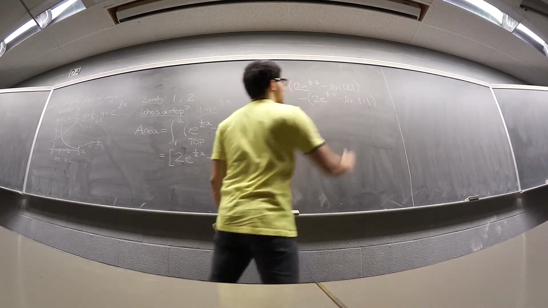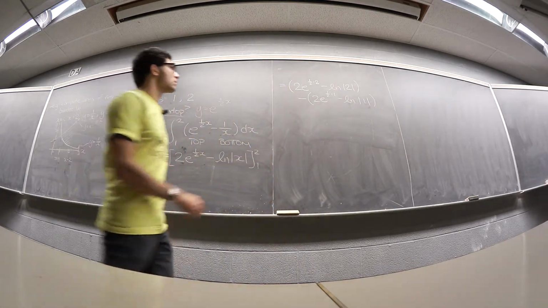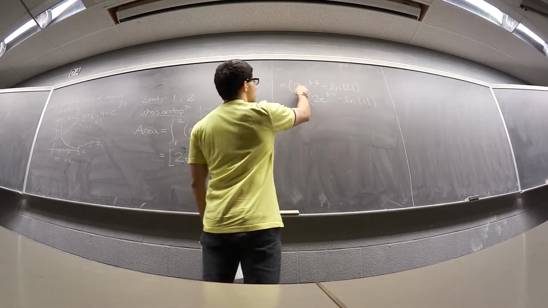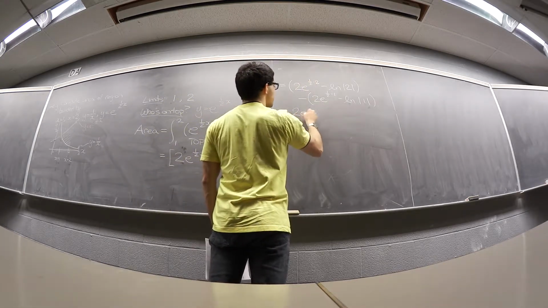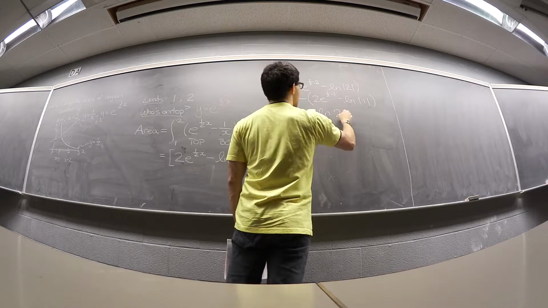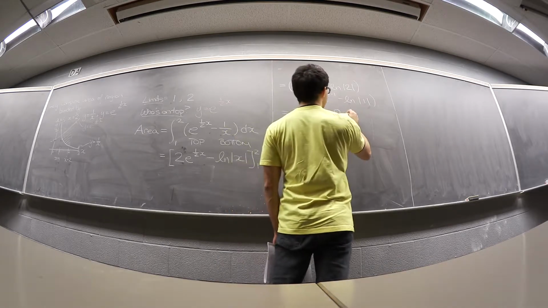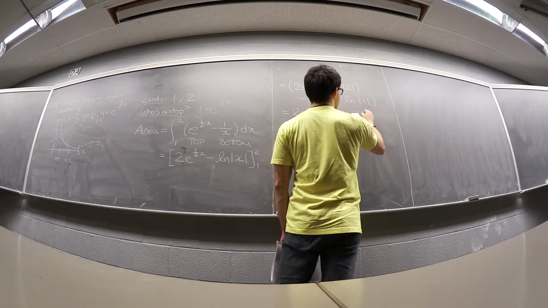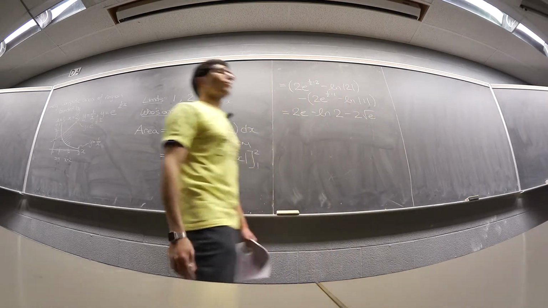That's 0, and I think nothing else is pretty here. Okay, 2e to the 1 minus ln 2 minus 2e to the 1/2. Write it however you want.